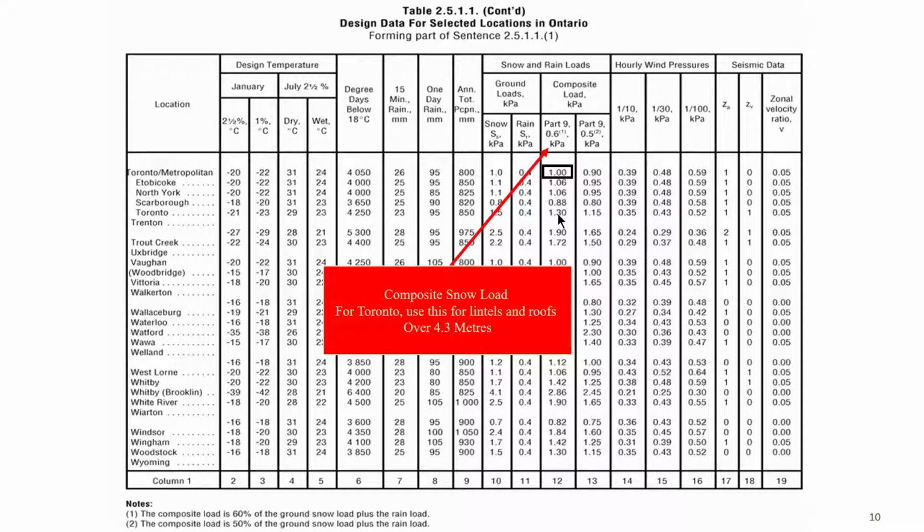Even Trenton is quite different, and Trenton's, I don't know, a couple hours away from Toronto. Different jurisdictions can be in snow belts where they receive a lot more snow than other areas. That's why you have to go with where you're located and the composite snow load. The 0.5 only comes in if it's like a garage or something.